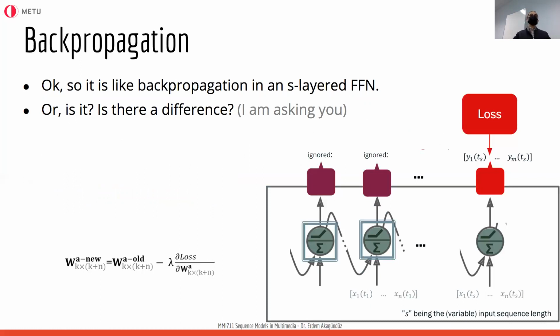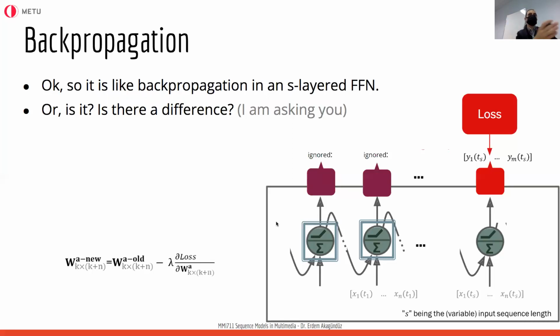I've been saying for 10 minutes now that this backpropagation is no different than the backpropagation of a linear layer. Is it so? Is it exactly the same as backpropagating in LeNet, for example?